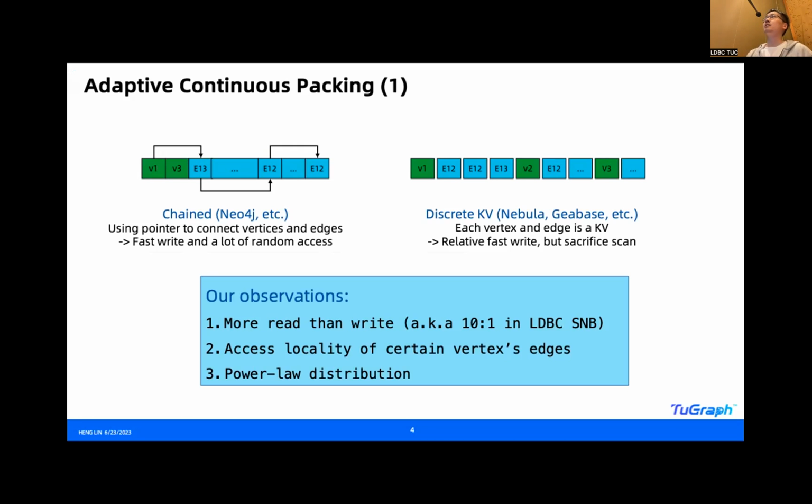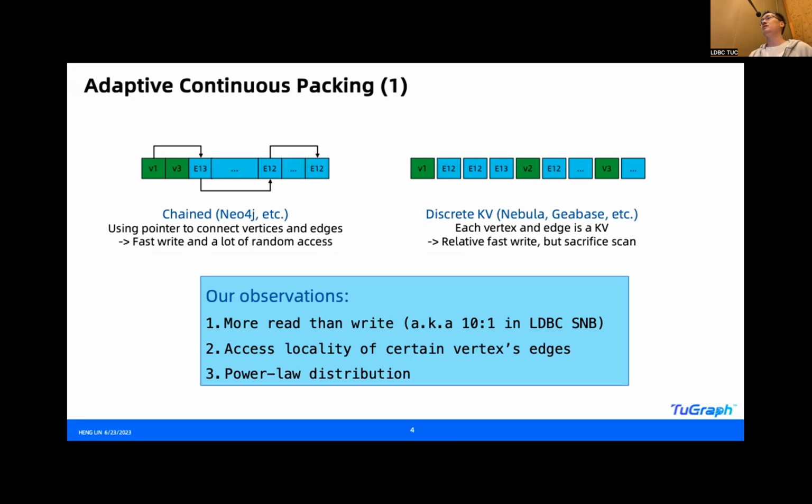Some other graph databases, like Nebula Graph, use discrete KV, so each vertex or each edge is a key value. It is relatively fast to write, but sacrifices scan performance.